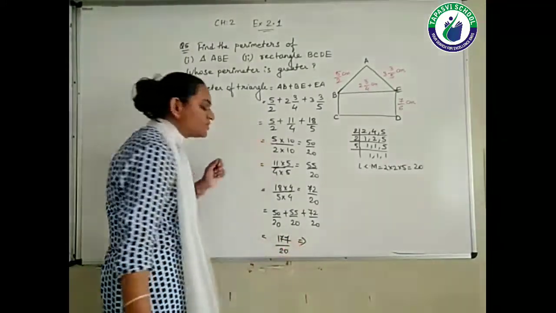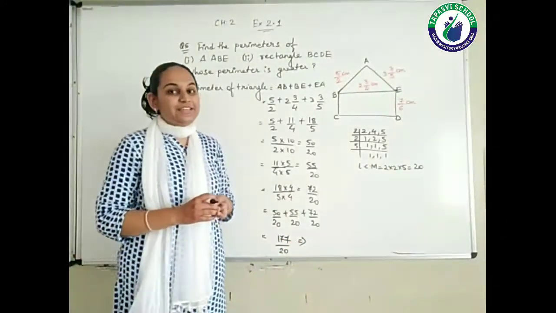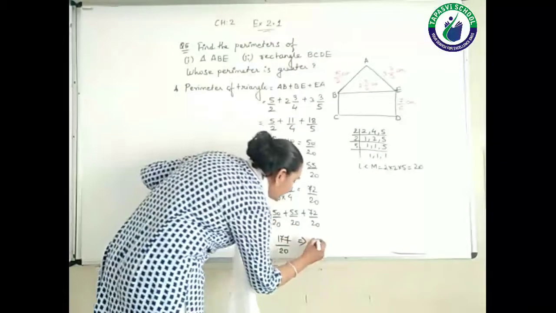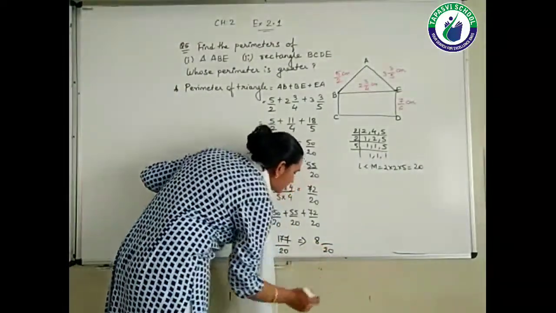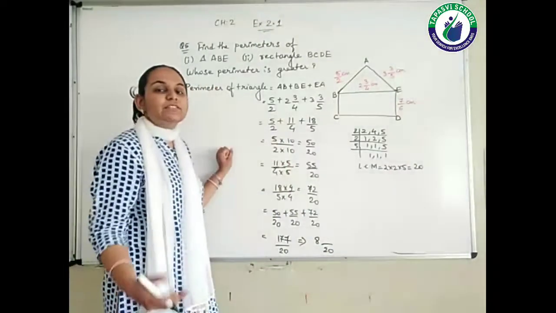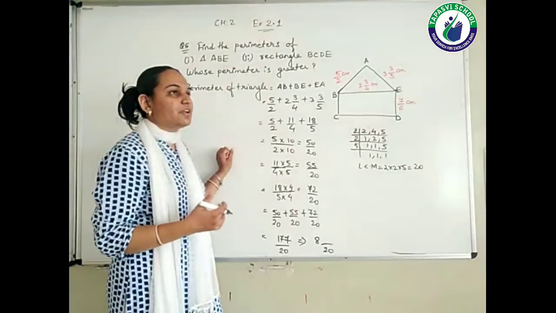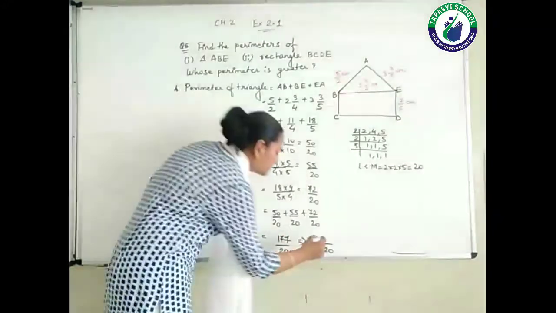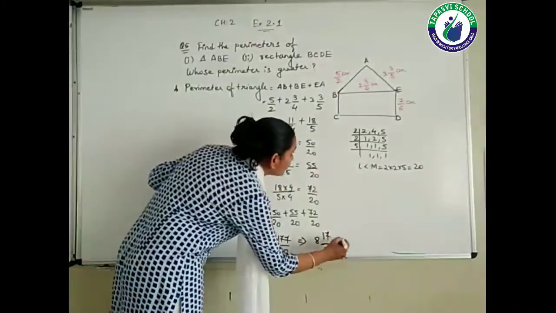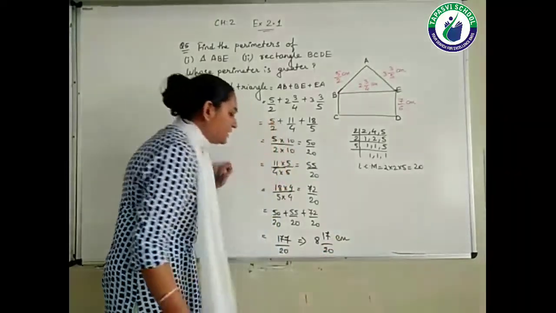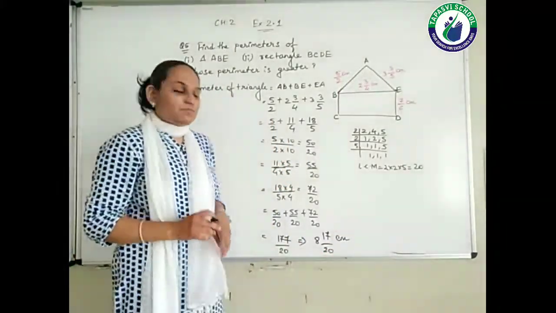So the mixed fraction of 177 upon 20 is, students, that is 8 20s are 160, and 177 minus 160, so we are having the remaining of 17. So this is your 8 integer 17 by 20, right students?